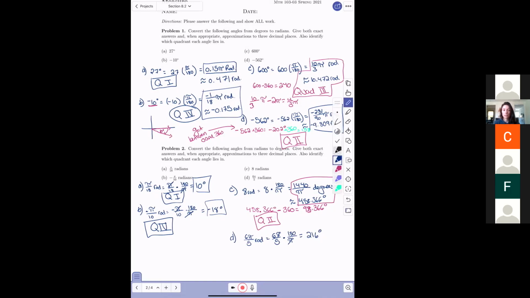Okay, and 216 degrees is in which quadrant? Three. Any questions on that material?